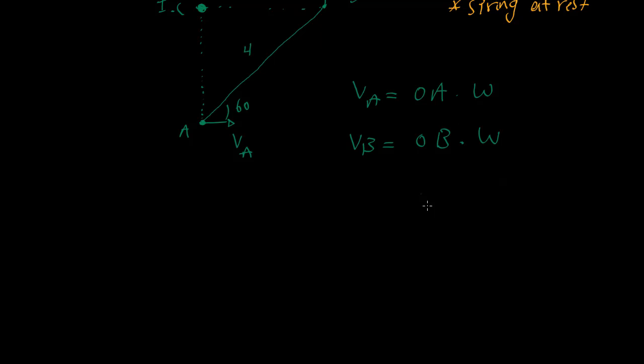If we divide these two equations, VA over VB is equal to OA over OB. The omega would cancel out. So now we have VA over VB is equal to OA over OB.